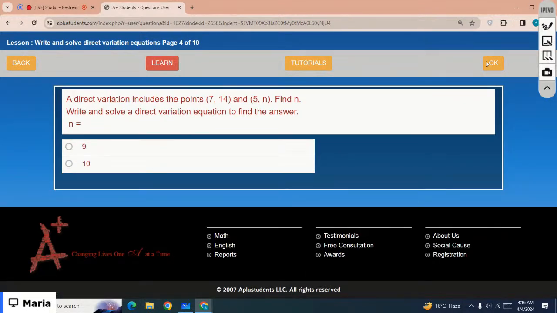A direct variation includes points 7, 14 and 5, n. Find n. Write and solve a direct variation equation to find the answer. So which is the correct option?